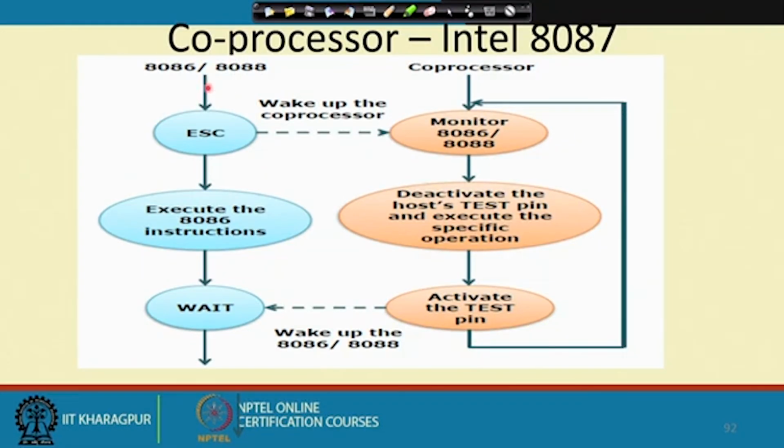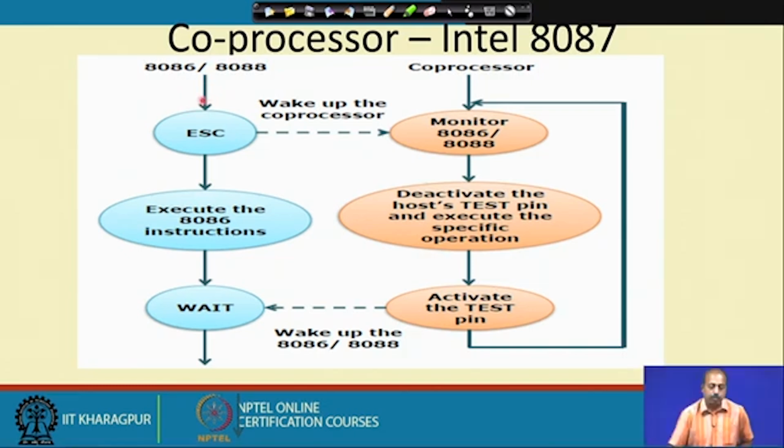If you compare the operations of the coprocessor and the 8086 or 8088: if the 8086 finds an escape sequenced instruction, it will wake up the coprocessor. The coprocessor monitors the 8086 or 8088, and if it is not an escape, the 8086 executes the instruction, then goes into the wait state if there is a wait instruction.